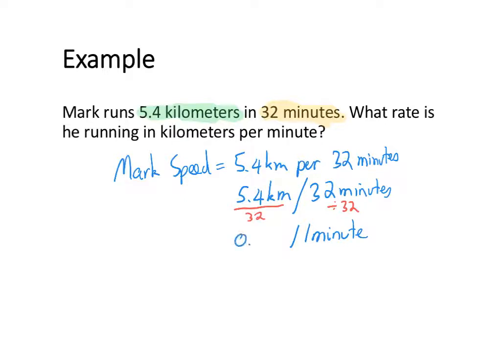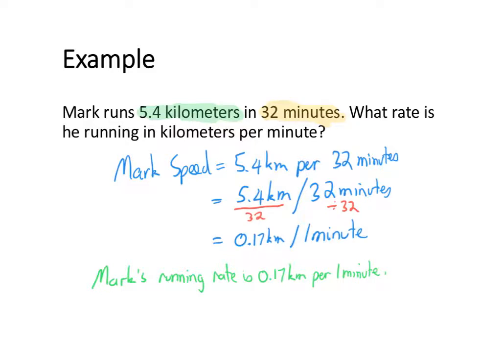And that equals 0.17 kilometers. So Mark is running at a rate of 0.17 kilometers per 1 minute. Now because the question is in words, we should also write our final answer in words. So Mark's running rate is 0.17 kilometers per 1 minute.